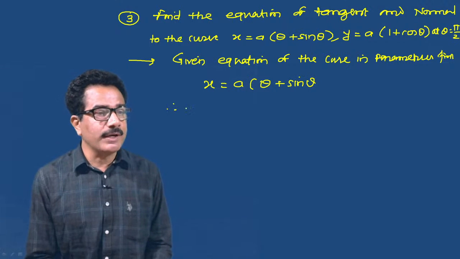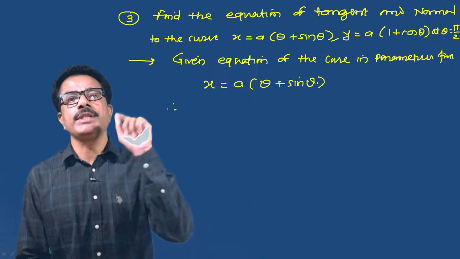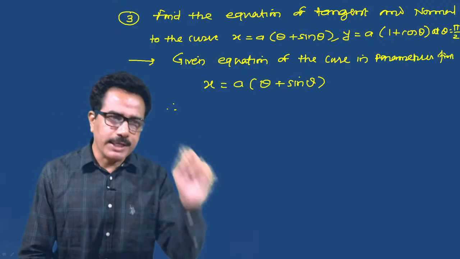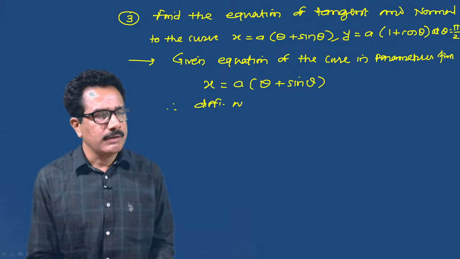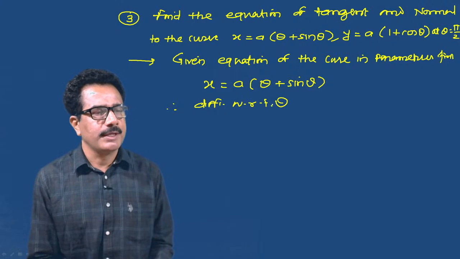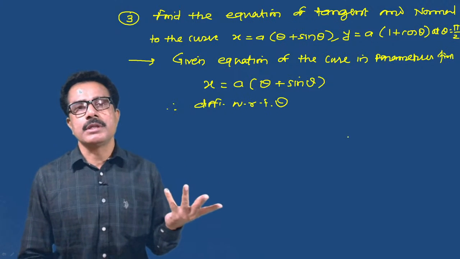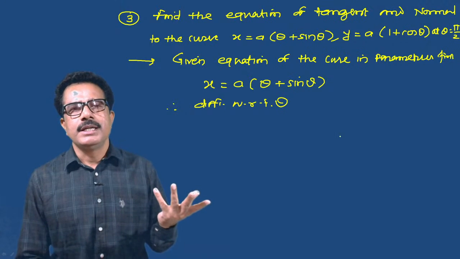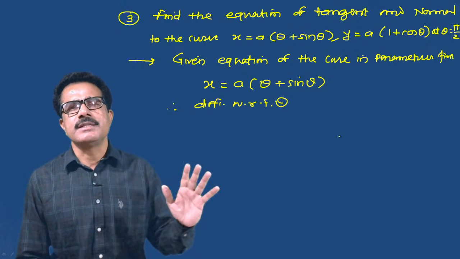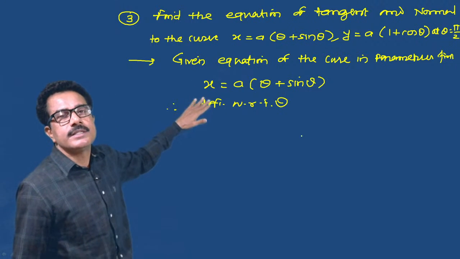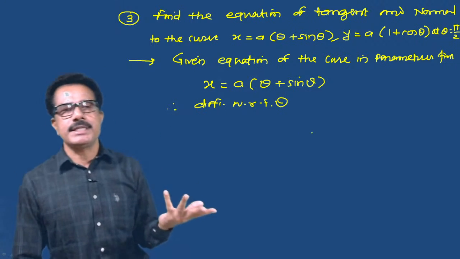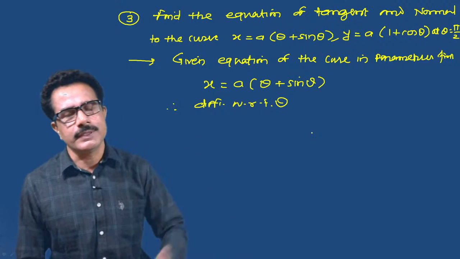So we can differentiate because x is a function of theta. Here x is a function of theta, so we can differentiate with respect to theta. It is not necessary to explain differentiation in detail because you have already studied such equations in the 11th and 12th class.